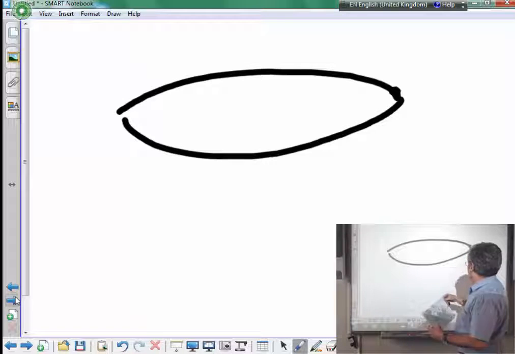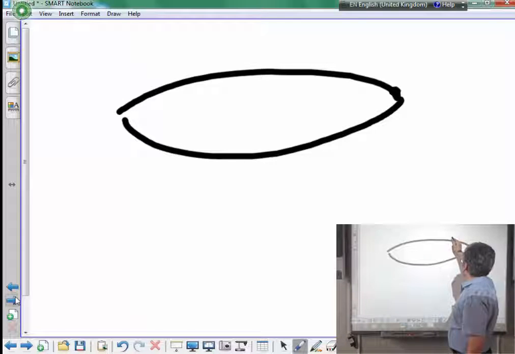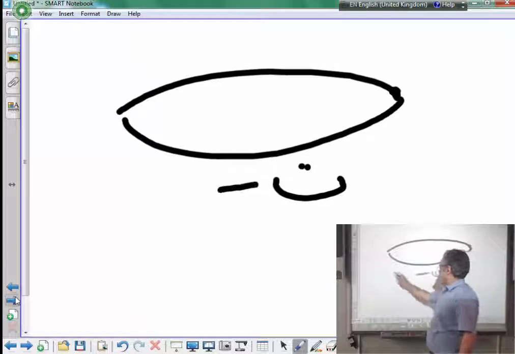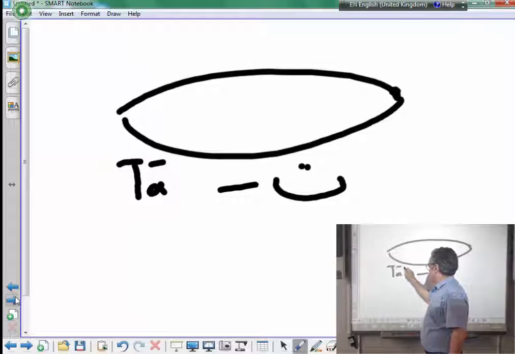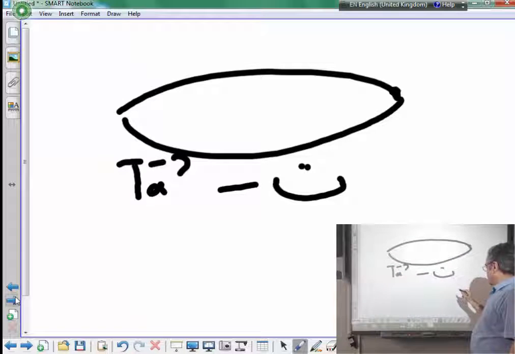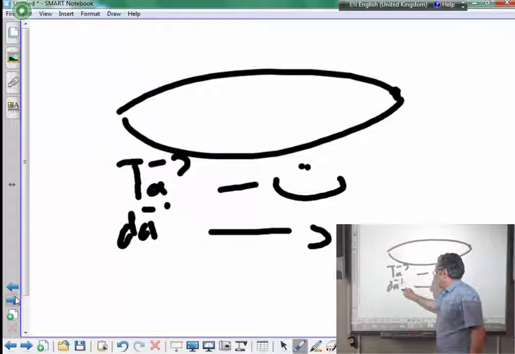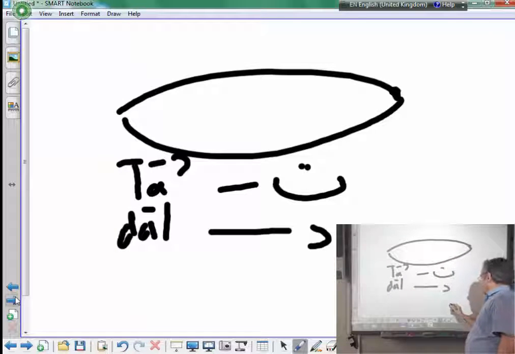Maybe we can look at groups of letters here. We have ta, and we have the second letter, dal, and we can look at the third letter here.